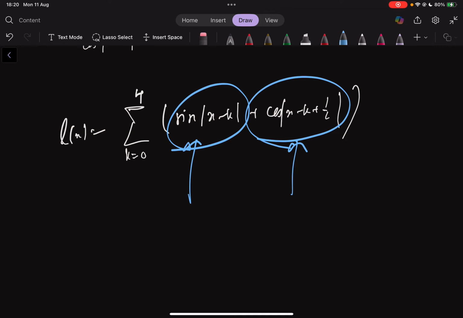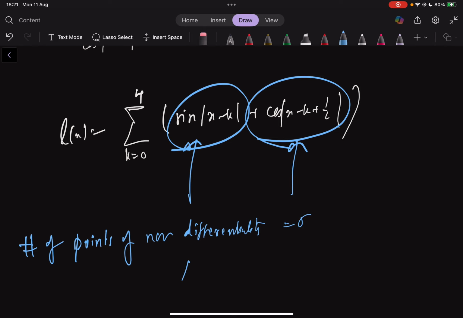Here we are having 5 different values of k. So the number of points of non-differentiability will be 5, and they will be 0, 1, 2, 3, 4.